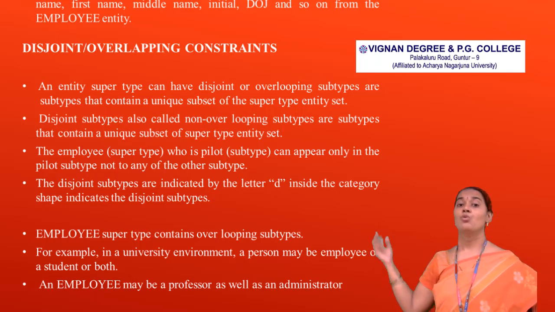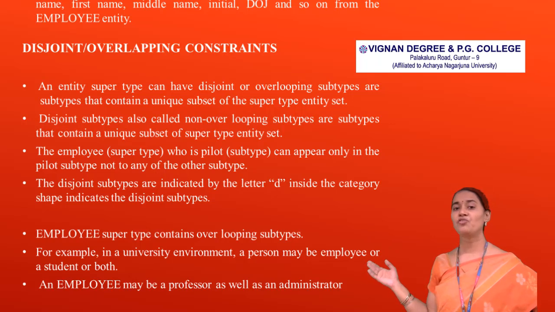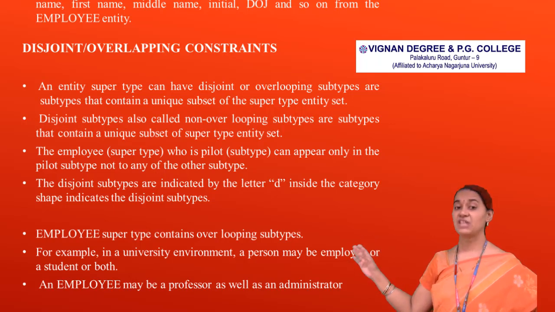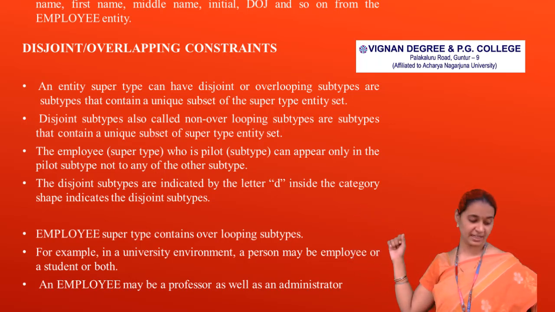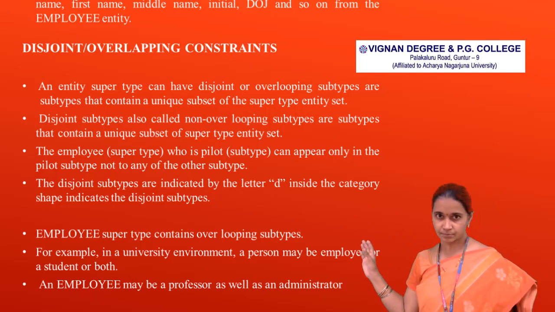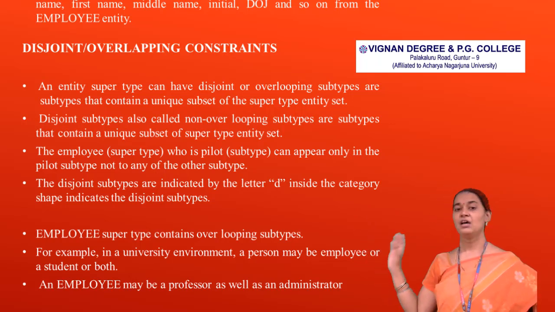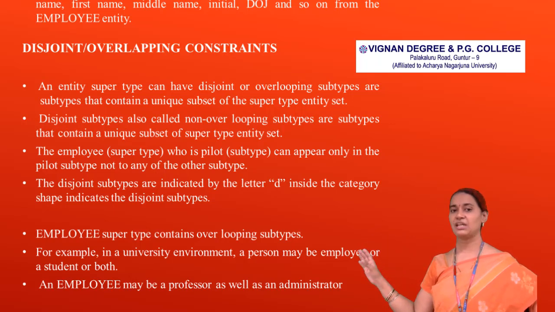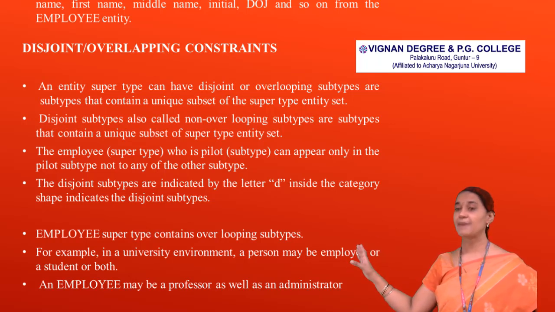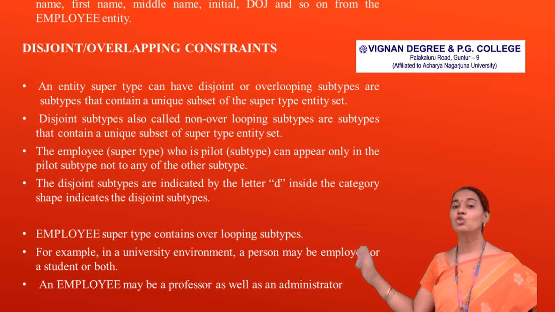Now, coming to what an overlapping constraint is. Let us consider an example, employee, in which employee is considered a supertype. To discuss the overlapping constraint, let us consider the employee supertype in a university environment.